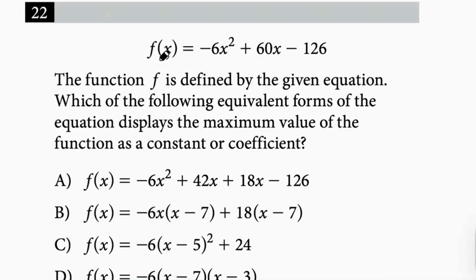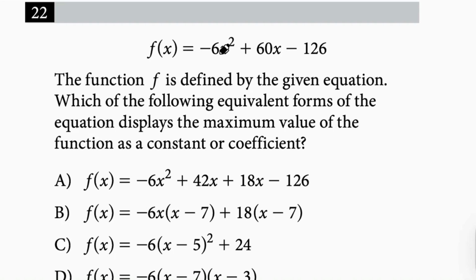Question 22. F of x is equal to negative 6x squared plus 60x minus 126. The function f is defined by the given equation. Which of the following equivalent forms of the equation displays the maximum value of the function as a constant or coefficient?